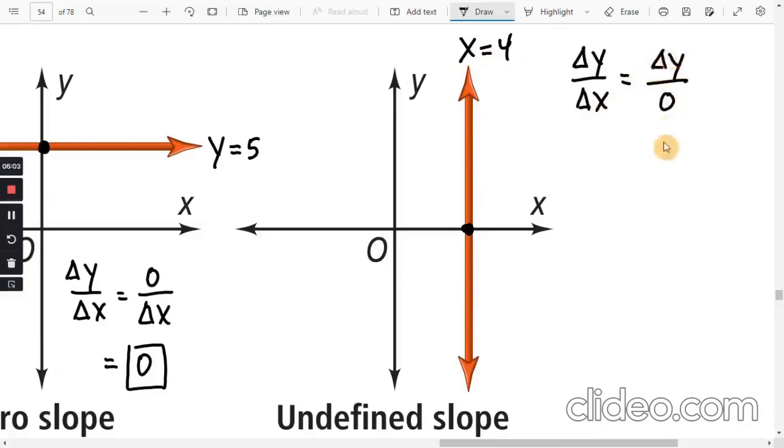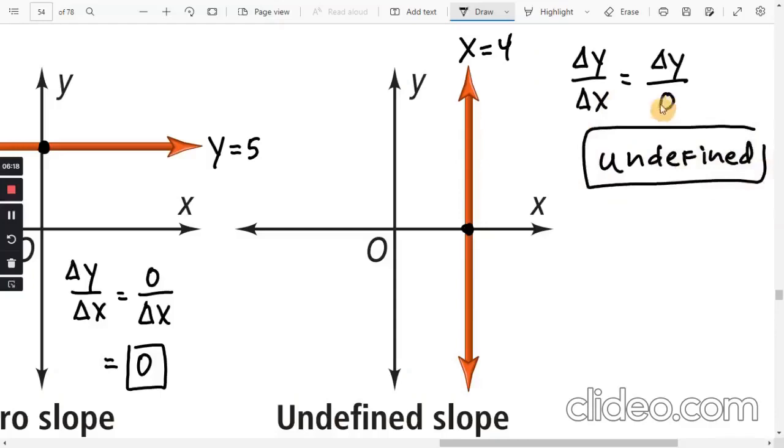And in the numerator, we have the change in y, and you cannot divide by 0. So in this case, it would be undefined. All right, so since there's no change in x, the denominator ends up being 0.